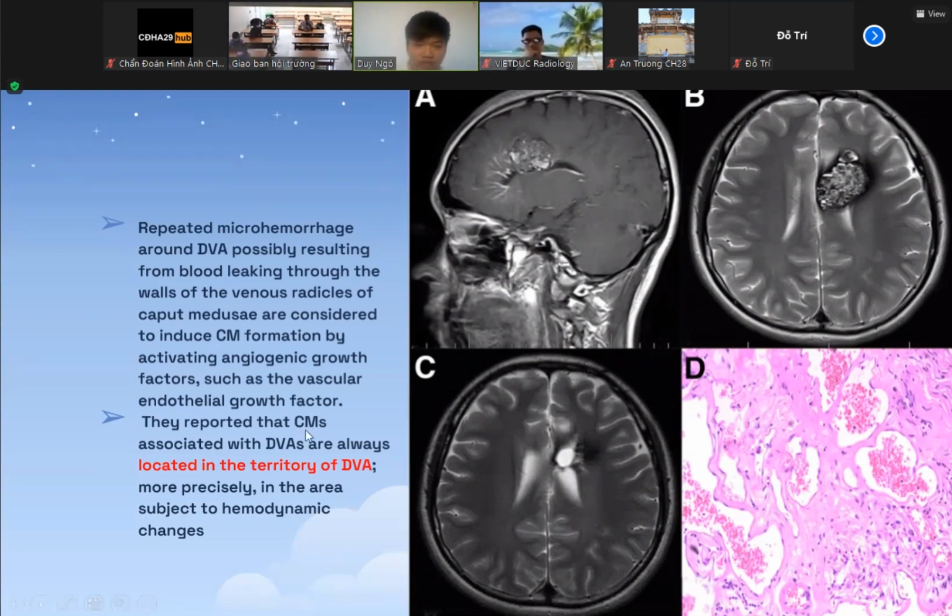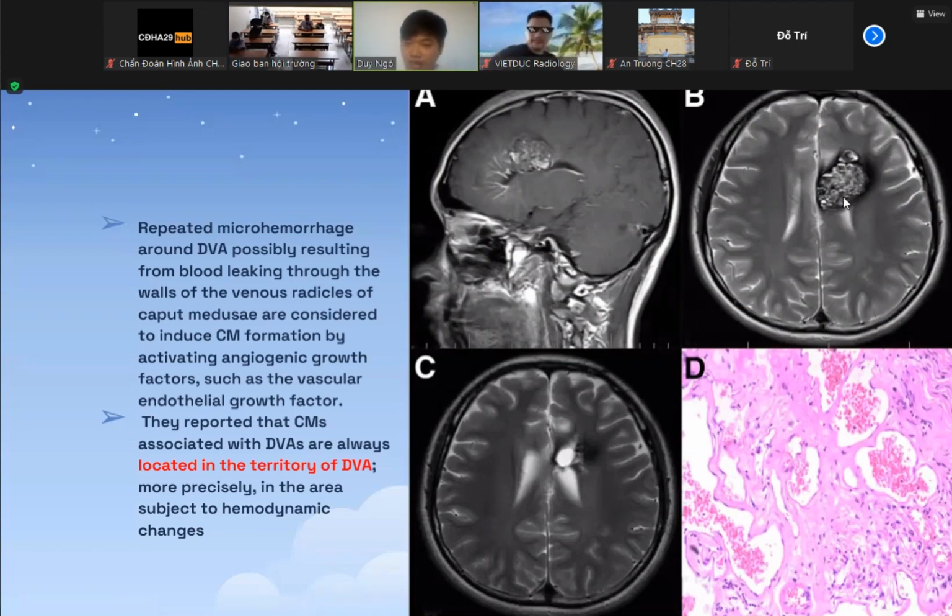They reported that cavernous malformations associated with DVAs are always located in the territory of the DVA, more precisely in the area subjected to hemodynamic change. Here we have a case on T2.